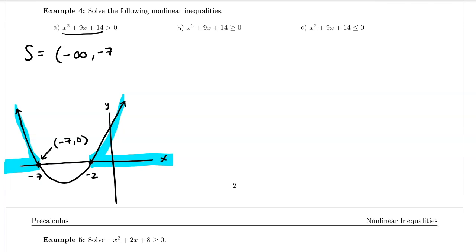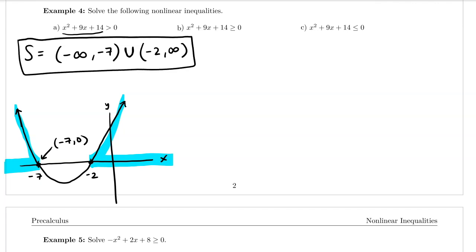And 0 is not greater than 0, so I want to exclude -7. Now I have my union symbol, and I want to include the interval from -2 to infinity, excluding -2. So here's my answer for part A.